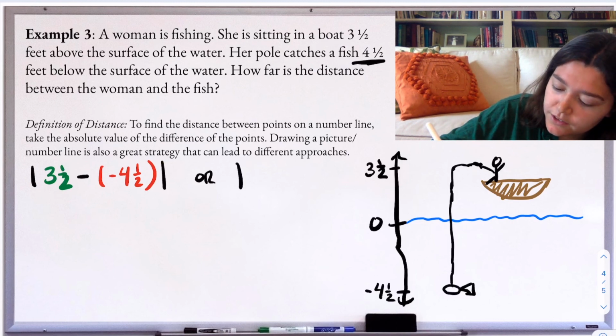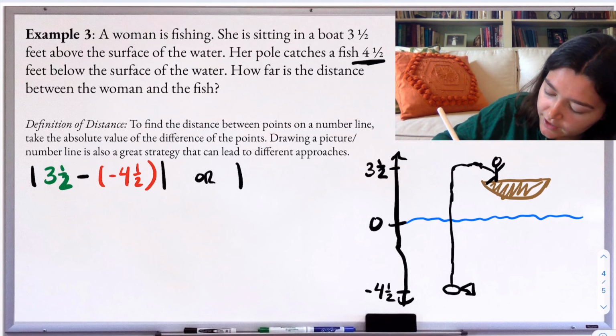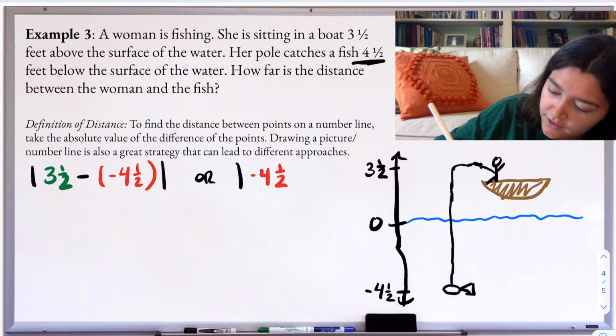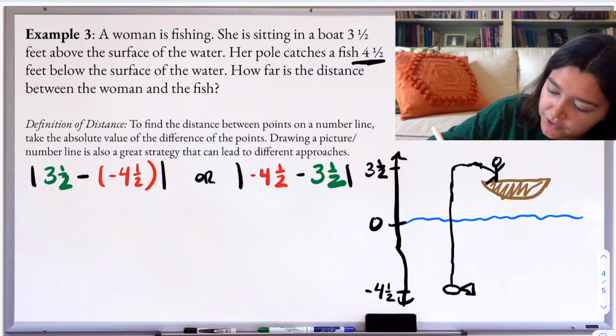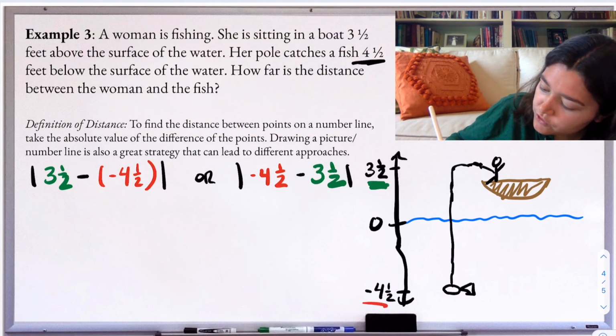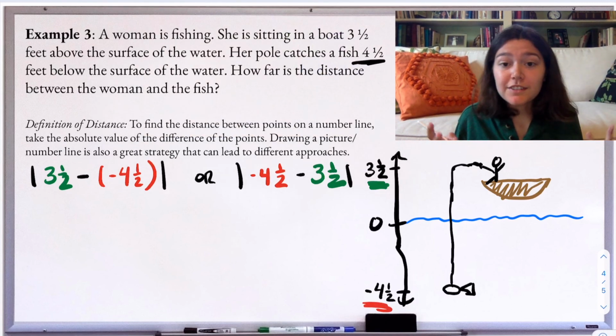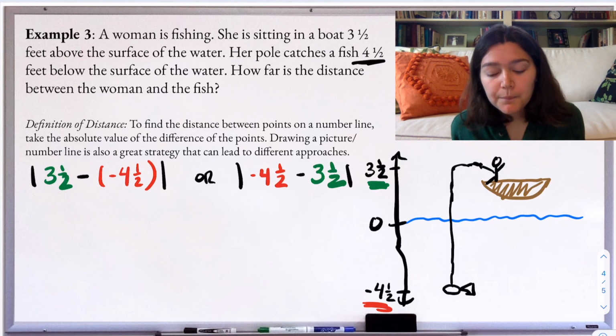Or we could switch the order around. We have -4½ and then we subtract positive 3½ because these are our two values. So we just need to find the difference of those numbers, subtract them, and then find the absolute value, make it positive. Okay?